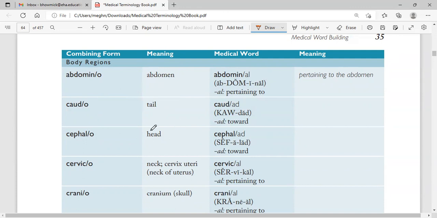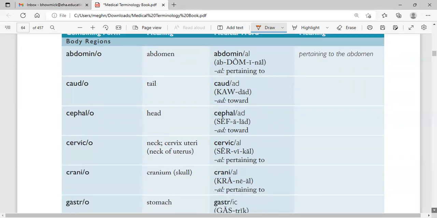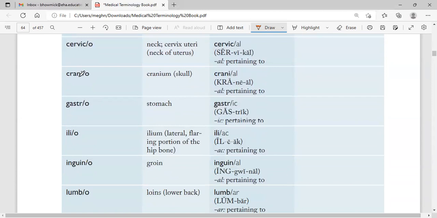Cephalo means head, cephalad, toward the head. Cervico means neck, like cervical, the neck of the uterus, cervical, right? This is the neck area. Then cranio, like cranial.